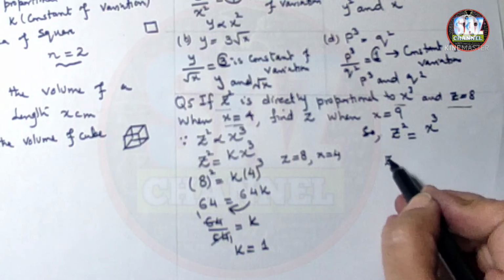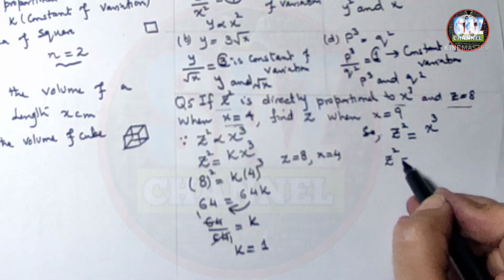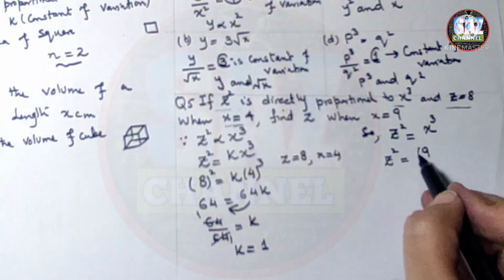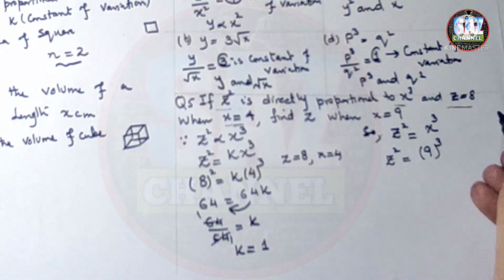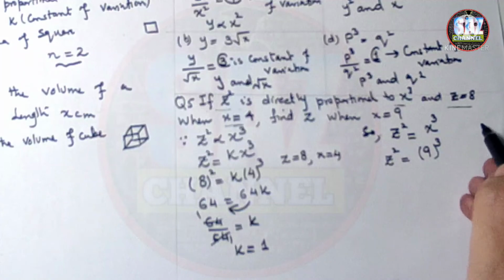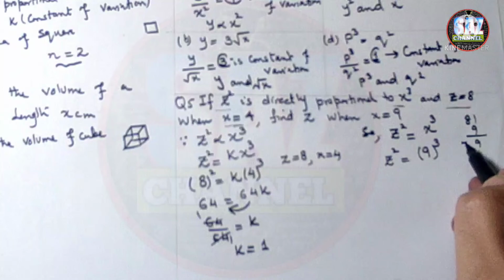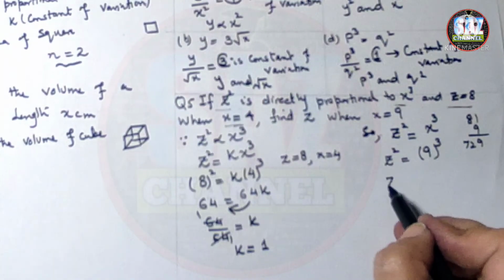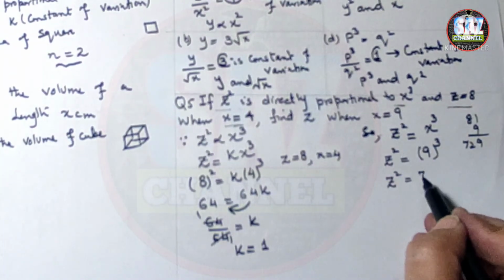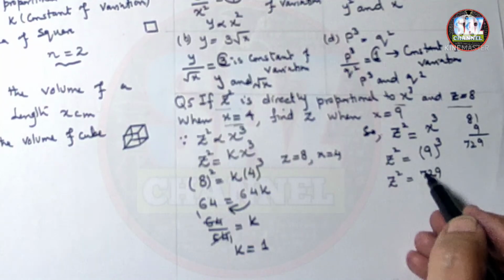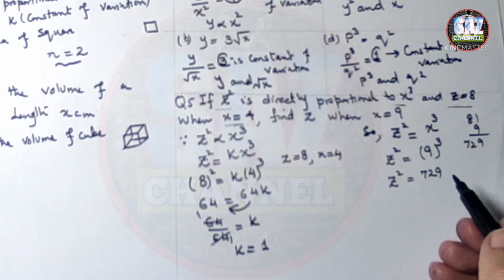In this equation, students, instead of x, I will be replacing 9 cube. 9 9s are 81 multiplied by 9, 729. 9 8s are 72. And z square equals 729. Now we have to find the value of z.